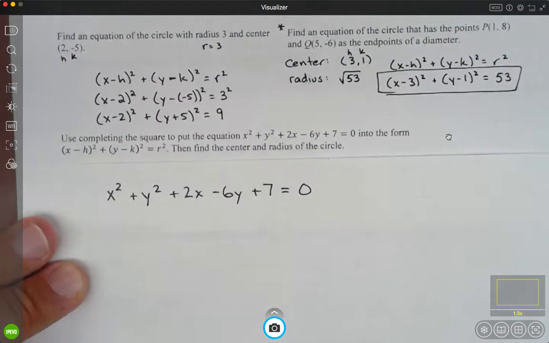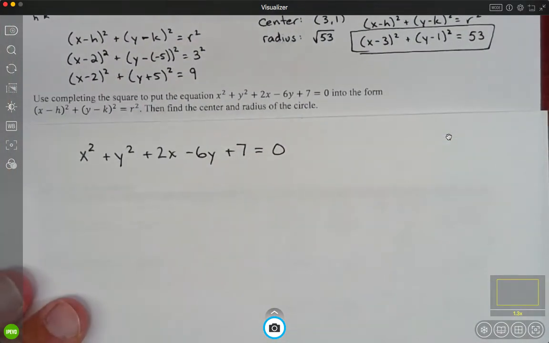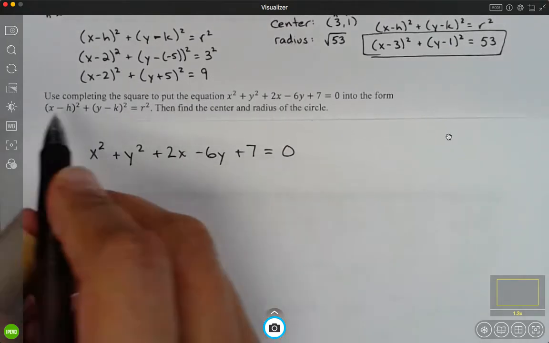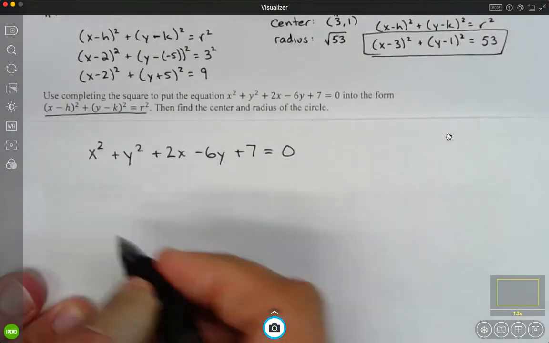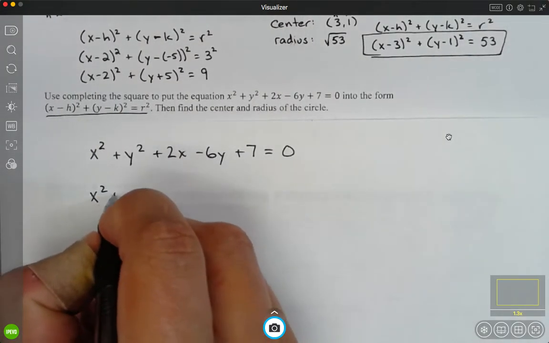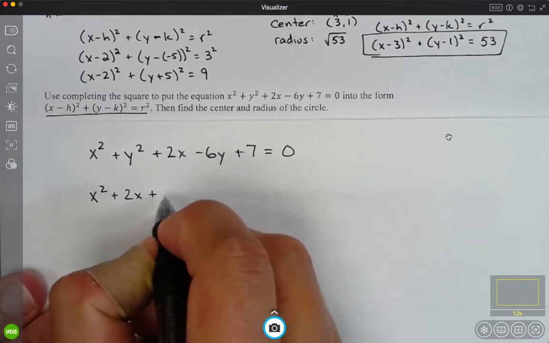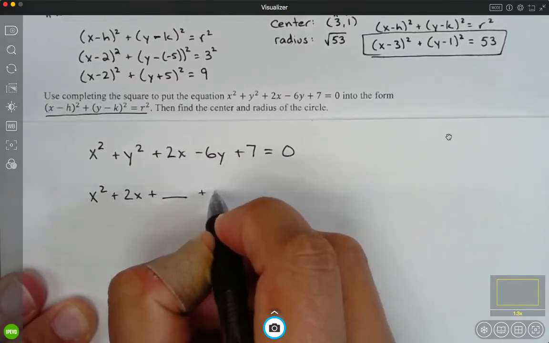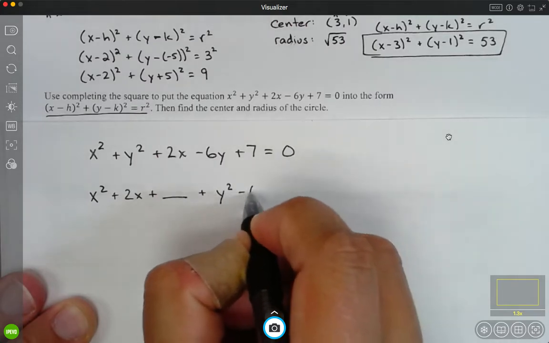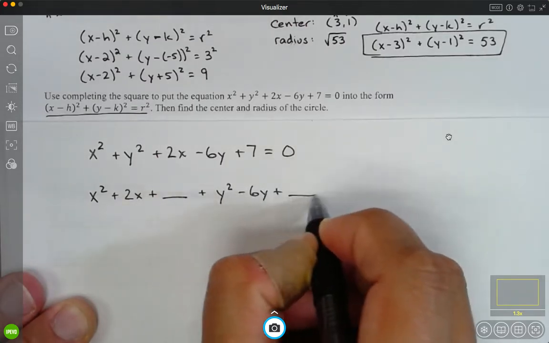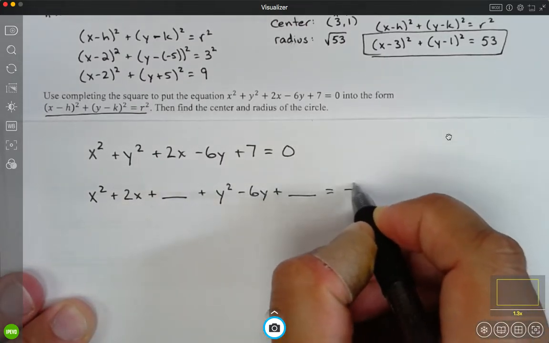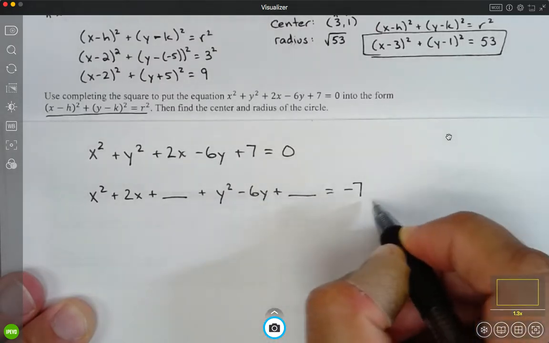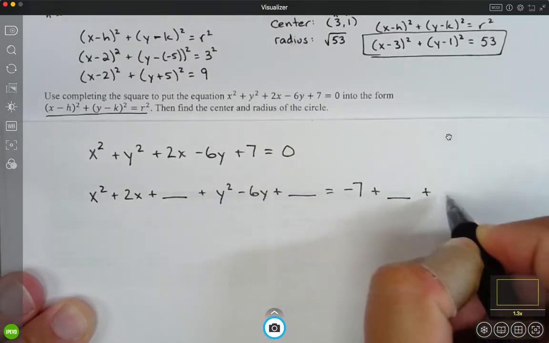And when we complete the square, we're going to get it into this form right here. So let's group our x's together. I'm going to put a plus blank. And we'll group our y's together. And we'll put a plus blank. I'm going to move that 7 onto the other side, making it a negative 7. And then a plus blank and a plus blank.